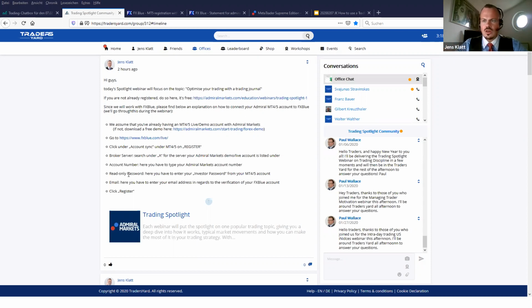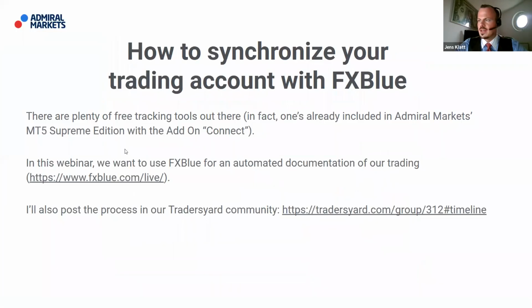So it's only read-only access, and this is what FXBlue is working with. You don't need to be afraid that someone has access to your account from an external source, but you work with a so-called investor's password, or read-only password, which you can set yourself within the MT4, MT5 environment, I think via the options tab and then the account details. Okay, so let's go back.